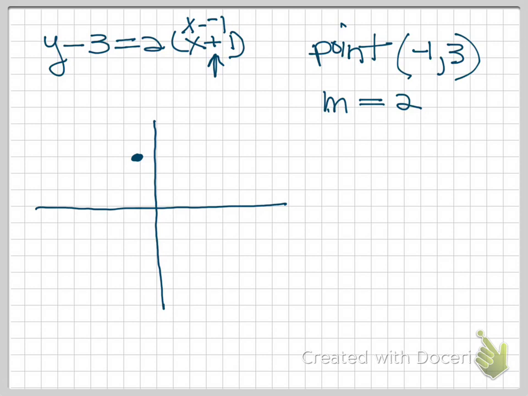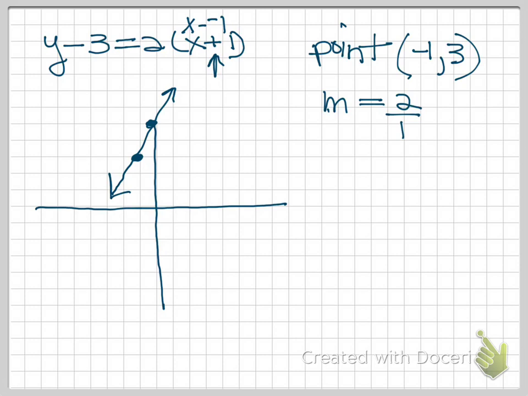My slope is 2. To get the next point, I start from this current point, and I go up 2 and over 1, because remember, slope is really rise over run. Using this form directly, I can sketch it out.